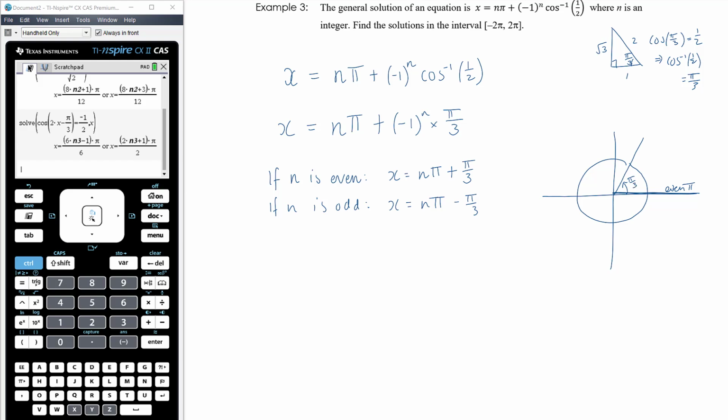In this case, it will also work for 0, and that's because if n is 0, then we get 0 plus negative 1 to the power of 0, which is positive 1, pi on 3. So if n is 0, then we still fit the first category, it'd be plus pi on 3. So even multiples of pi plus pi on 3, or odd multiples of pi minus pi on 3.